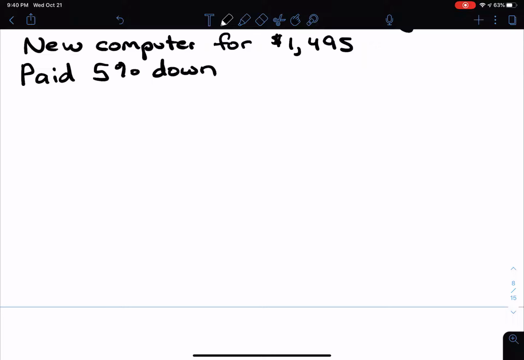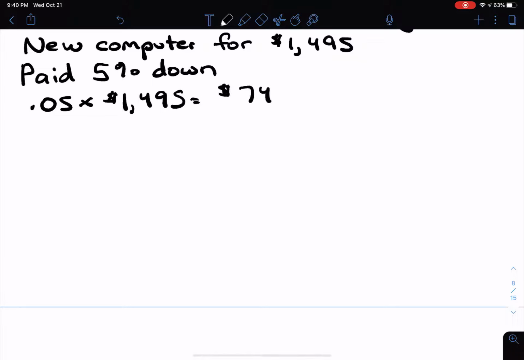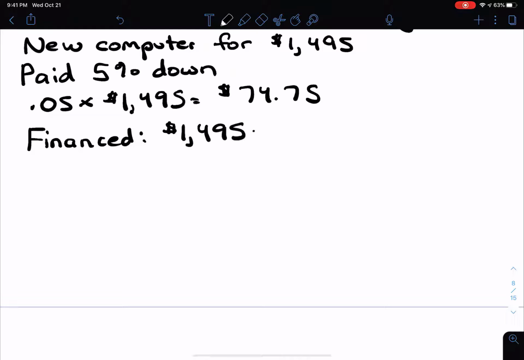So you do 0.05 times the $1,495, and you find out that you get a down payment of $74.75. So the actual financed amount would be the $1,495 minus the $74.75, which is $1,420.25.